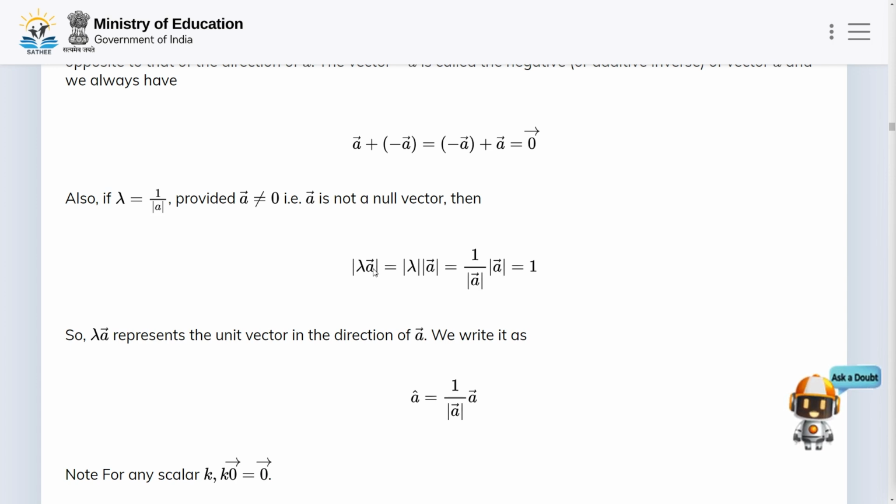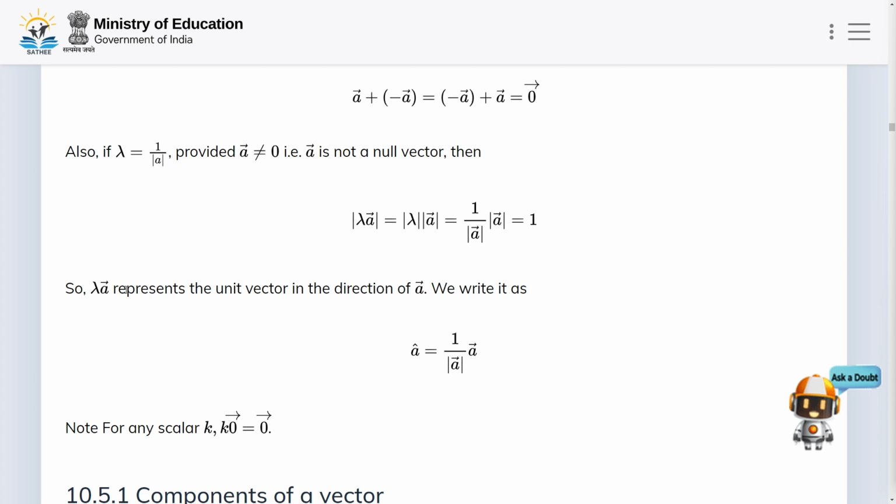So what does this represent? Your unit vector. What represents your unit vector? That lambda multiplied with vector A represents your unit vector only if lambda has this particular value. In this particular case you will say that lambda multiplied by vector A will be your unit vector.